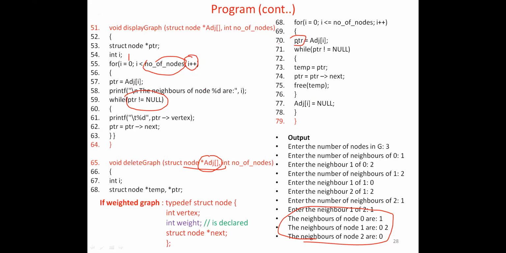First one is what? 5000. 5000 is assigned to pointer. Now the value of pointer is 5000. Yes, 5000 is not equal to null, so it goes inside. And again, I'm taking a temporary variable. Why am I taking a temporary variable? To free the node.